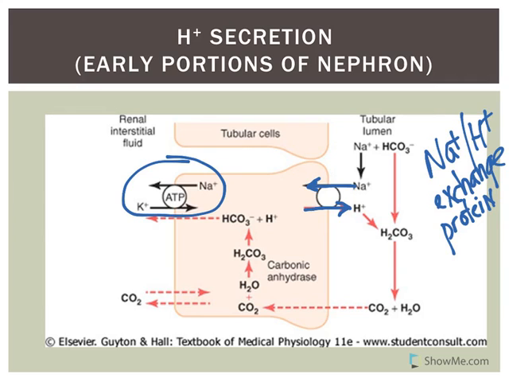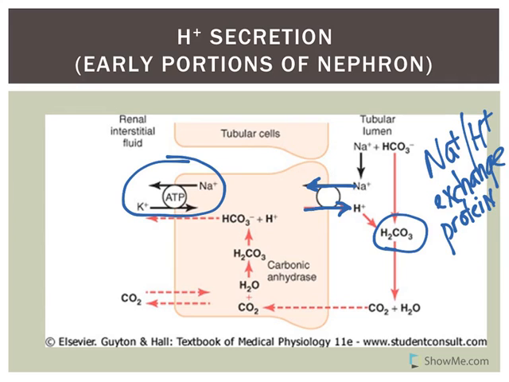Well, the hydrogen ions are being secreted specifically to allow us to reabsorb bicarbonate. So the bicarbonate that's been filtered in the kidneys is going to bind to that hydrogen ion that was secreted, forming carbonic acid.